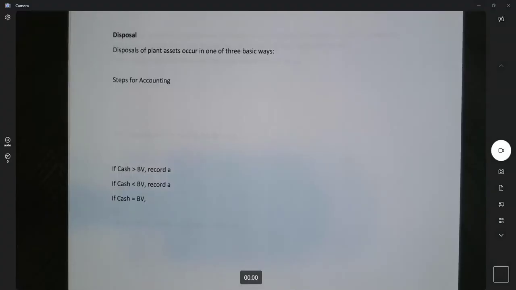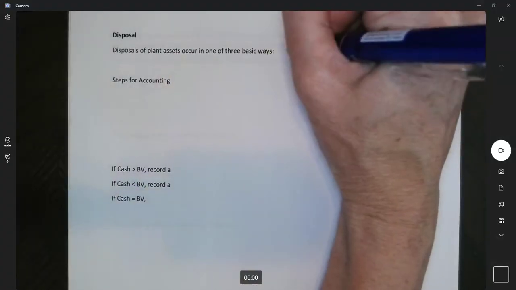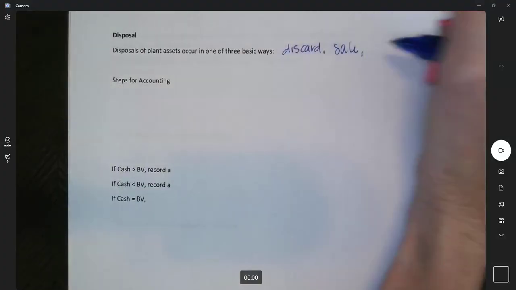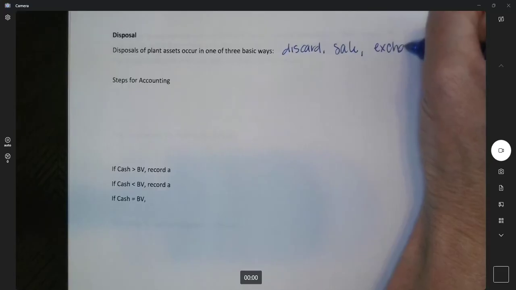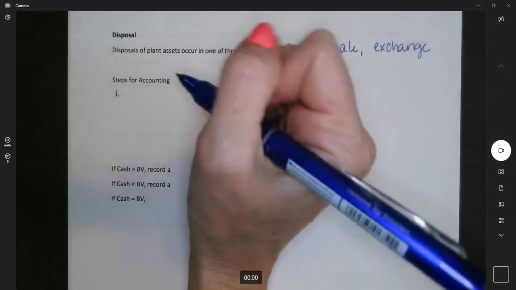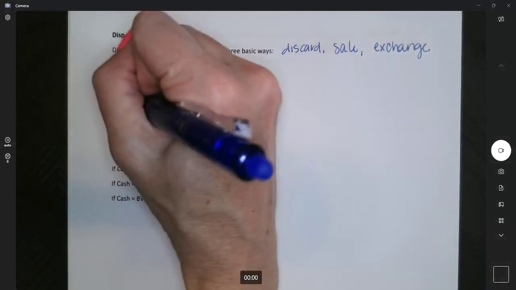When we are recording disposal of equipment or a plant asset in general, there are 3 basic ways that this can happen. We could be discarding it, we could be selling it, or we could be exchanging it. The steps for accounting on this: first one, we'll record depreciation up to the date of disposal.